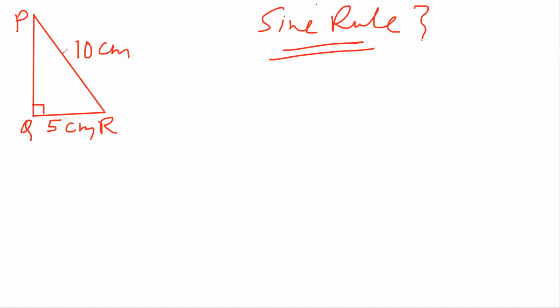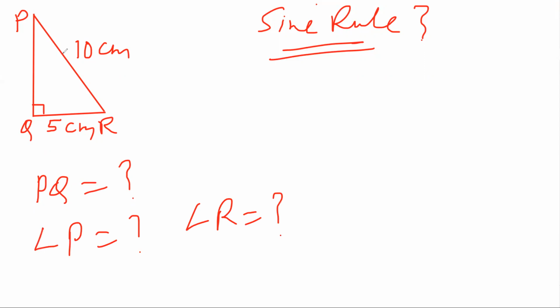On the left-hand side you can see it with some dimensions, and if you are asked to find, let's say, side PQ or angle P or angle R, three pieces of information are given about the triangle PQR. Those are side PR, side QR, and angle Q as 90 degrees.